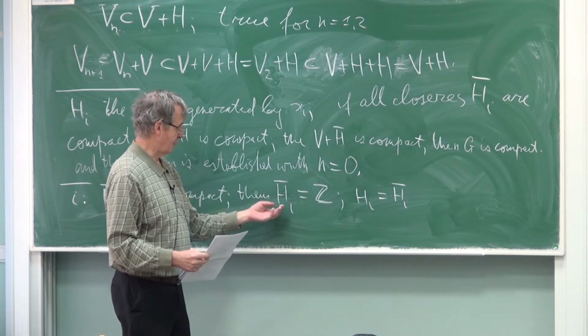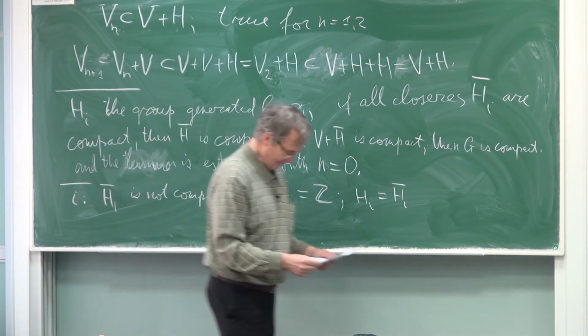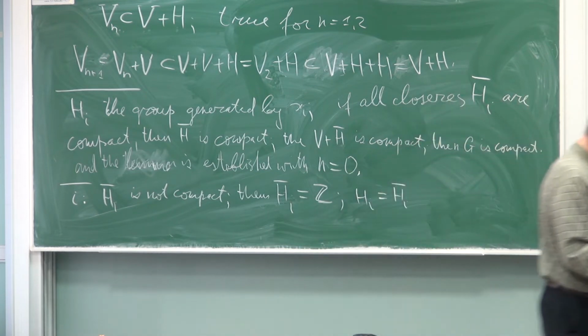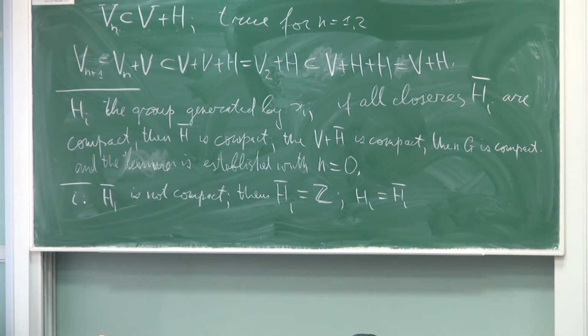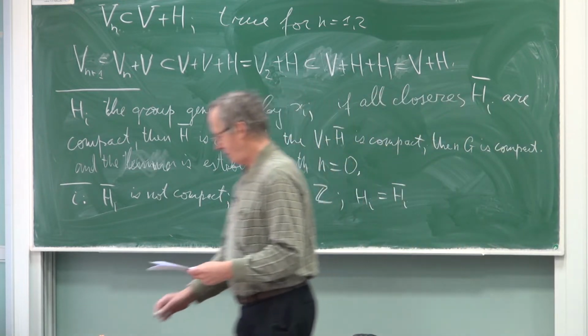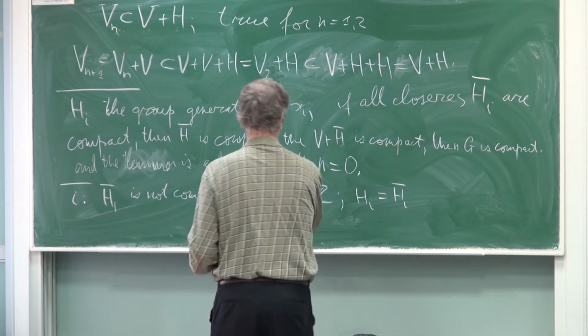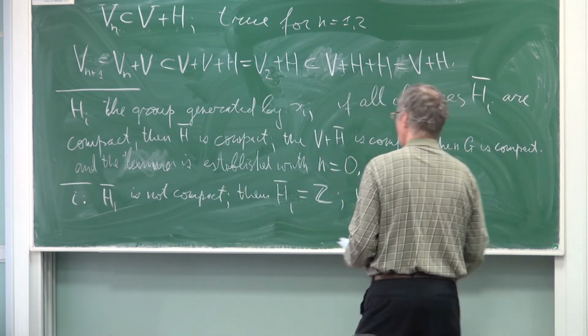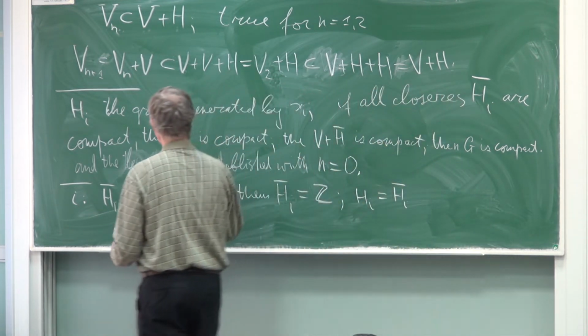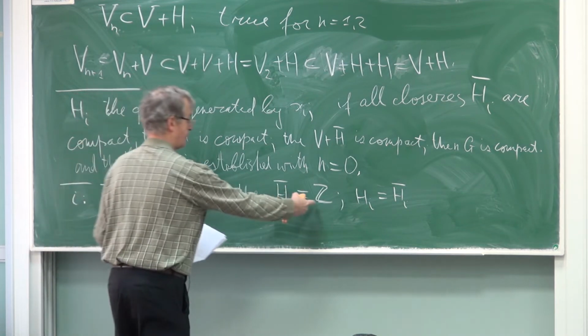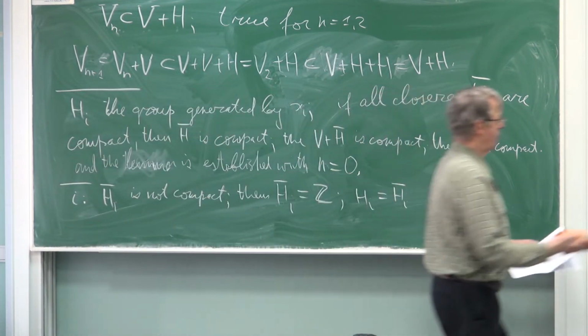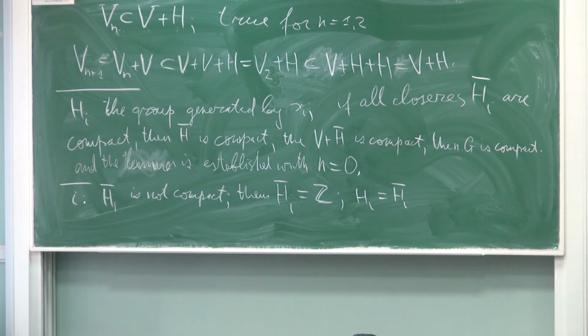This is a discrete group, and okay. So we have obtained some subgroup of our group H which is equal to Z, but in fact we have proved a little bit more.